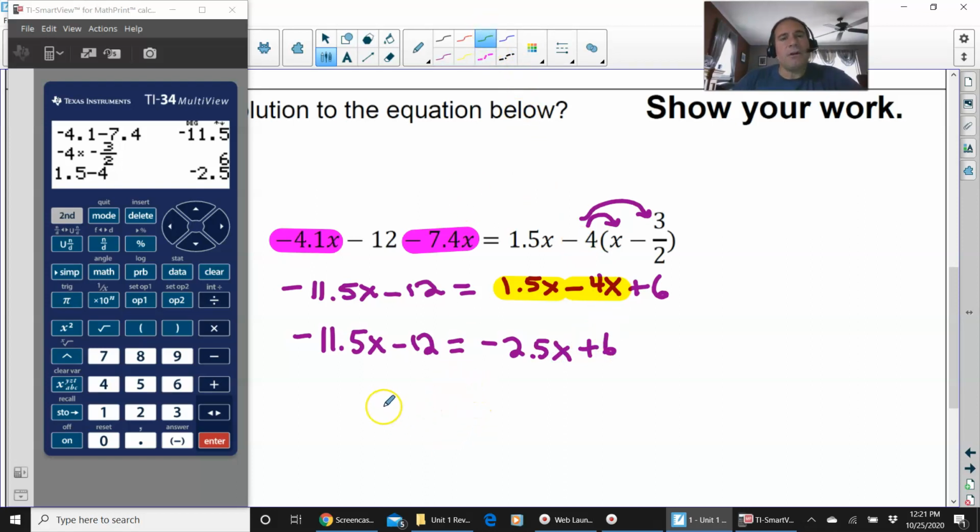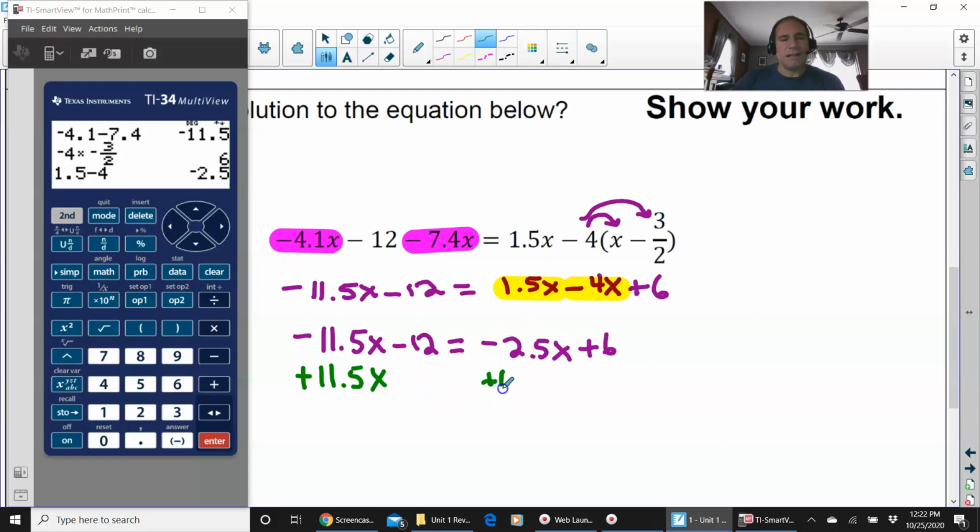Here we go. Now we're ready to get the x's together. All right. So we have 2 terms on each side. We're done combining like terms. We're done with distributive property. I'm going to get the smaller coefficient, and believe it or not, the negative 11.5 is where I want to start. It's okay. You could just get the x's together. If you didn't get the 11.5 over to the negative 2.5, that's fine.